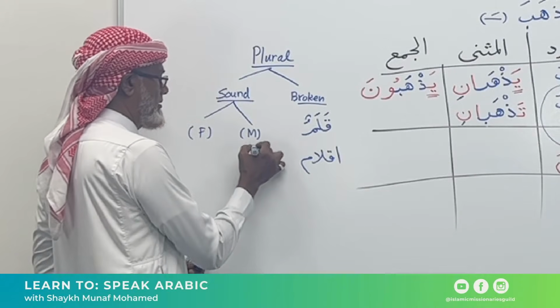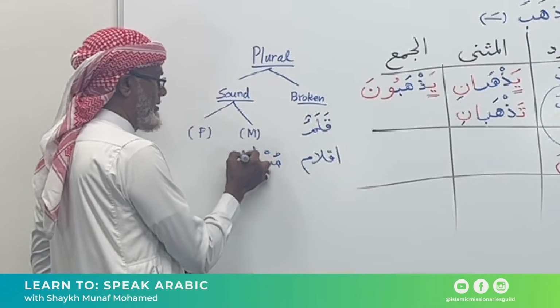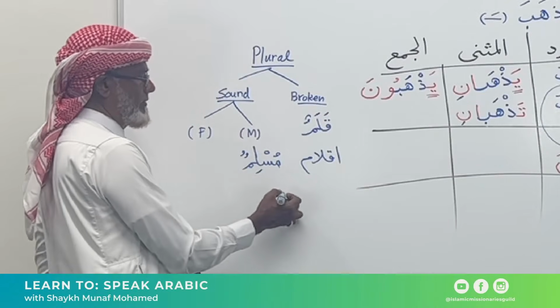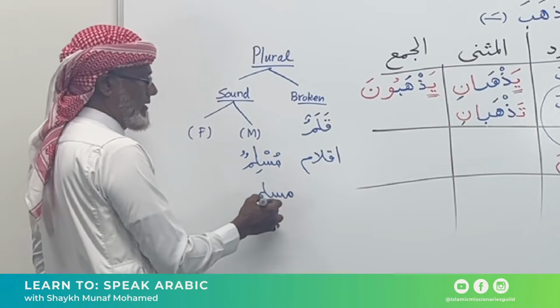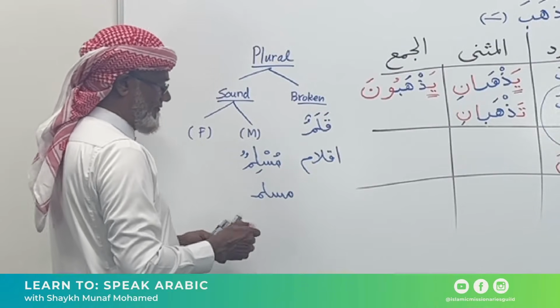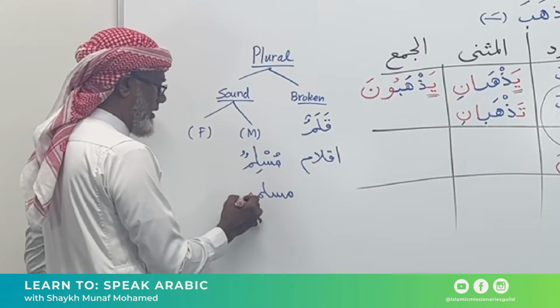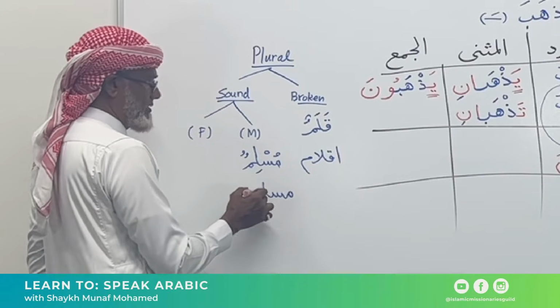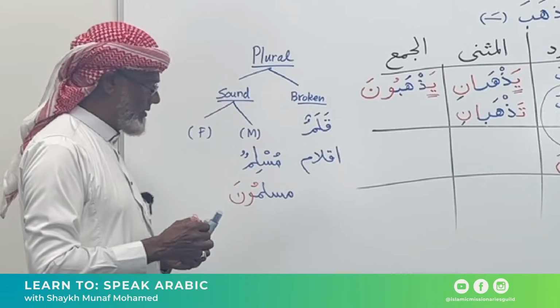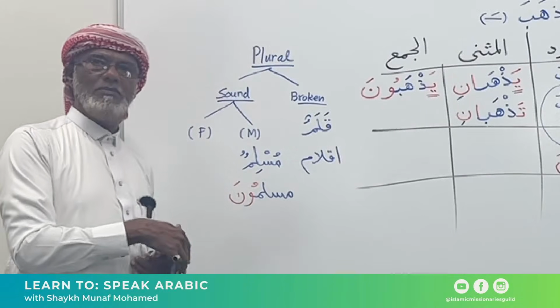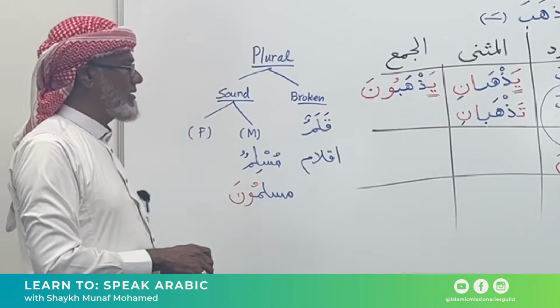Muslimun. And if you want the plural, it is the same singular word. All right? And then you have a waw and a noon. So it's Muslimuna. All right? Muslimuna. And the feminine like Muslimatun, and so on.